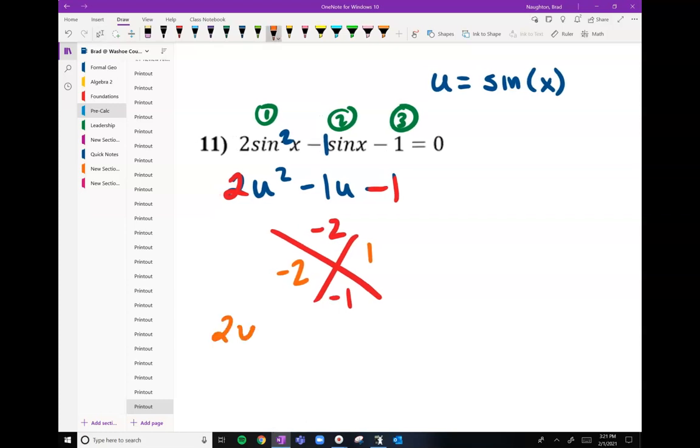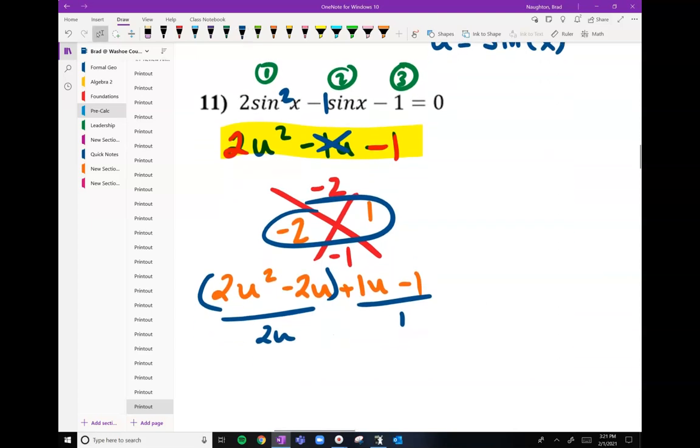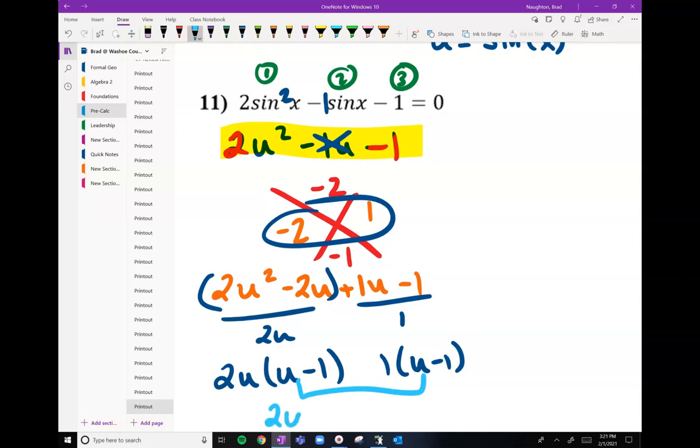So we're going to get 2u squared minus 2u plus 1u minus 1. Remember, we rewrite this, you just cancel out those middle terms and use those 2. So these 2 are going to be a 2u, and this is going to be a 1. So when we factor that out, I'm going to get 2u, and then u minus 1, and then 1, u minus 1. Our parentheses match. So I'm going to get 2u plus 1, and then I'm going to get u minus 1.